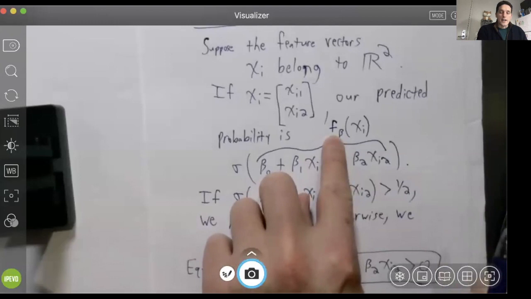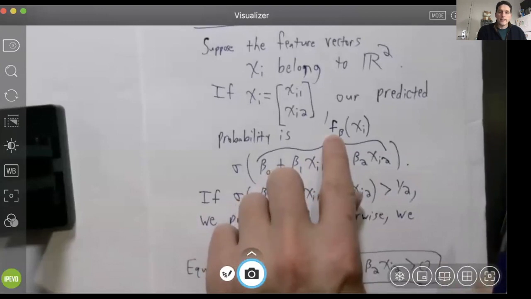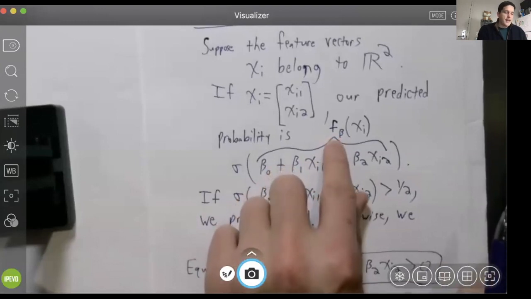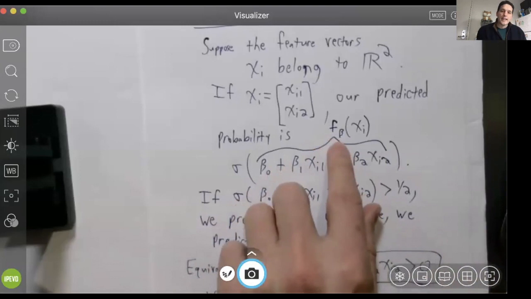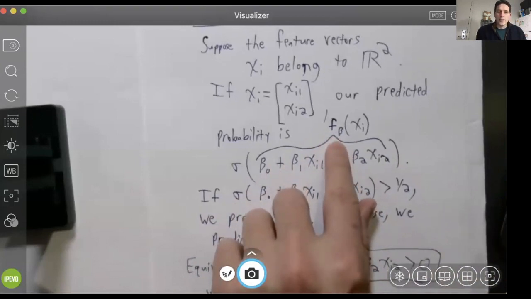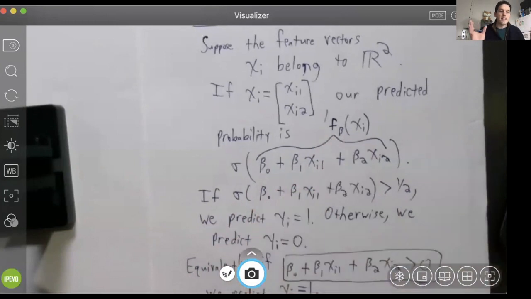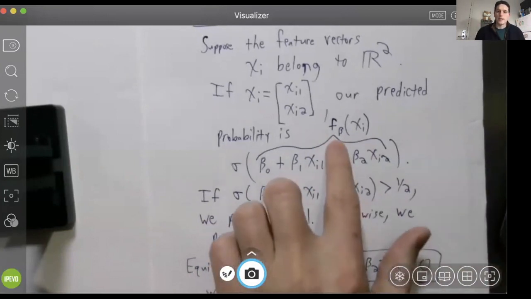It could be a non-linear function with many parameters, many layers, and it could have millions of parameters.